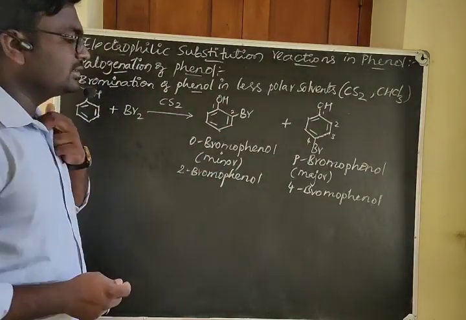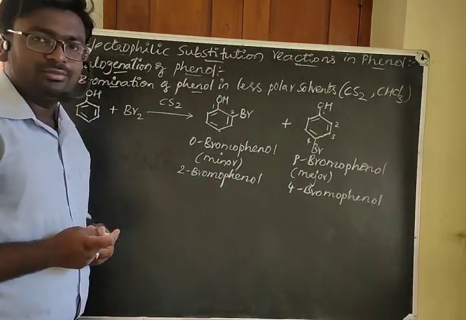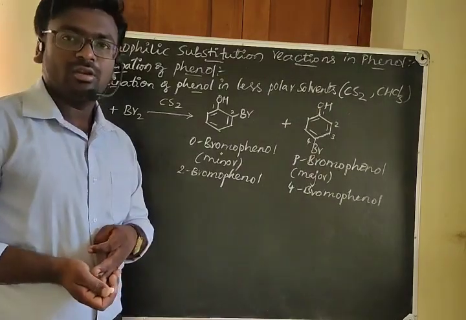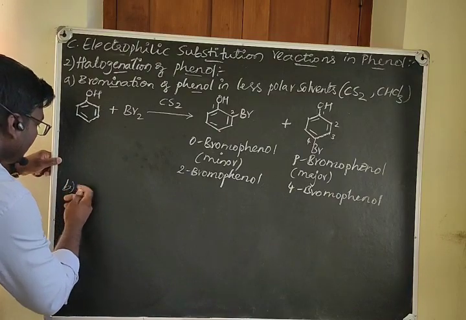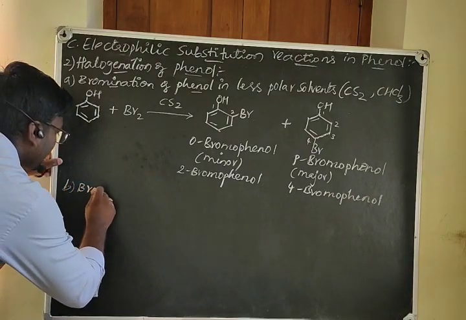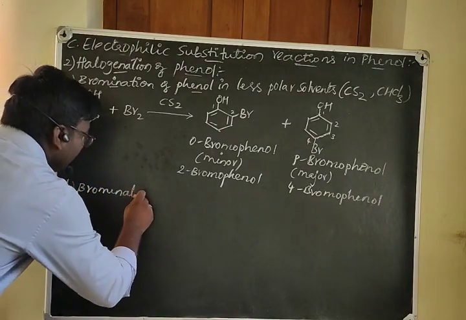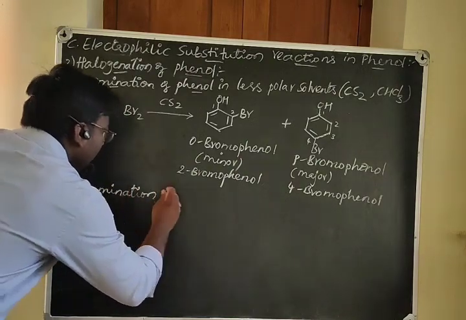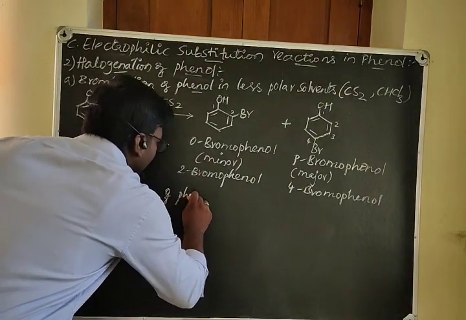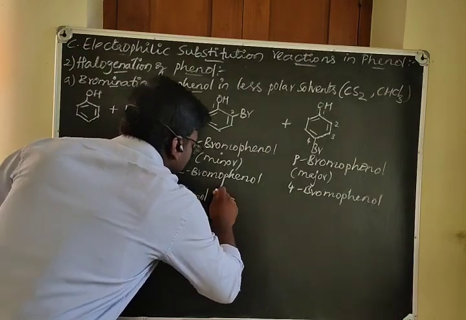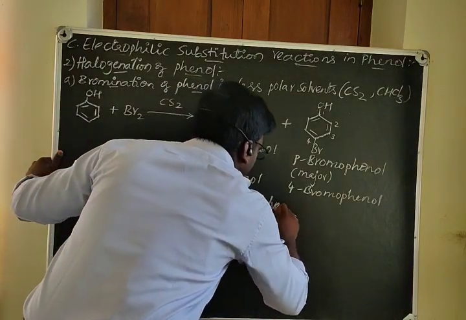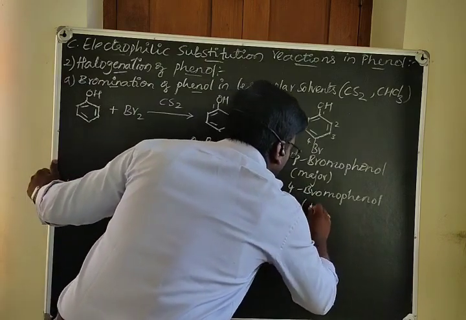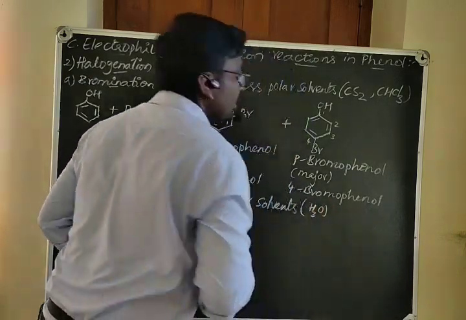Let's consider the bromination of phenol in polar solvents like water. The second one is bromination of phenol in polar solvents like water. Water is a good polar solvent.